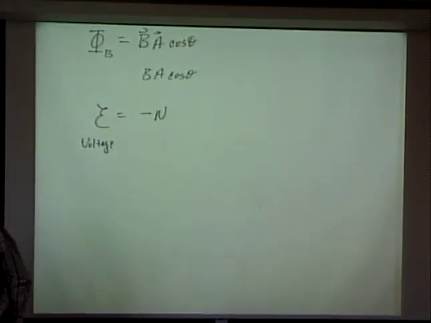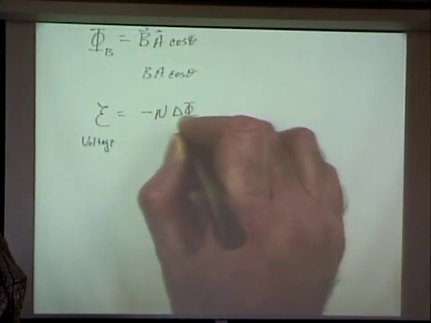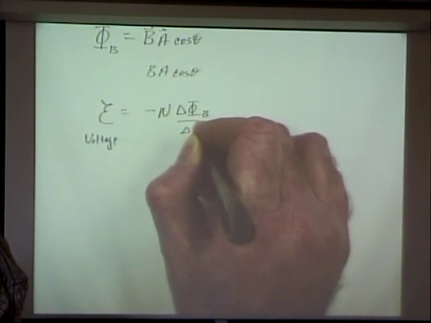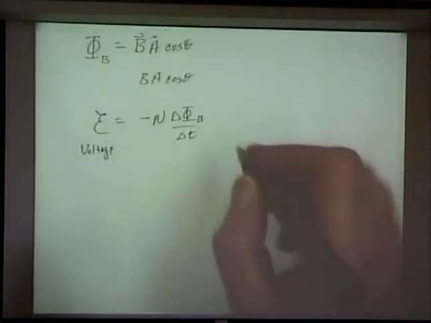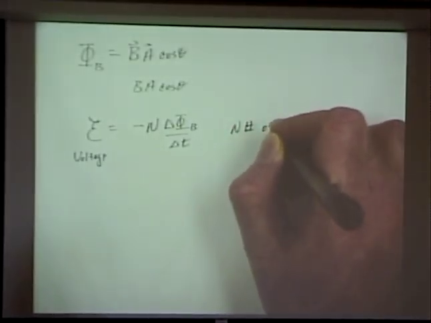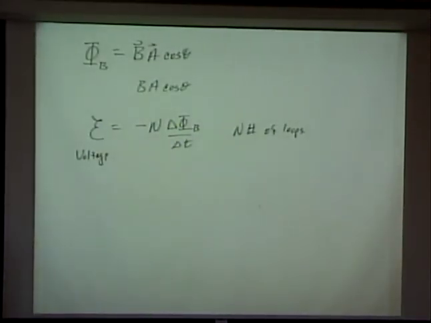It's the number of loops times the change in the flux over the change in time. Where N is the number of loops. That's the way you find your voltage.